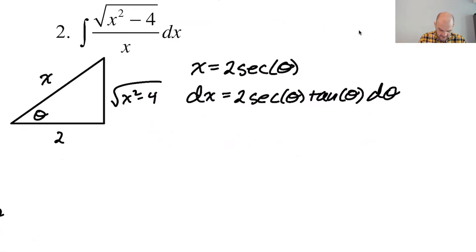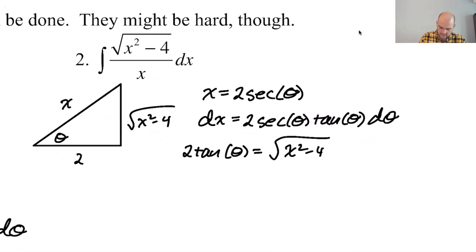Tangent is radical over 2, so 2 tan theta equals the radical. All right, good to go. So let's see, what are we subbing? This for this. We got to do a lot of subbing. This for that, and then one more. This for this. But you get a lot of nice canceling.